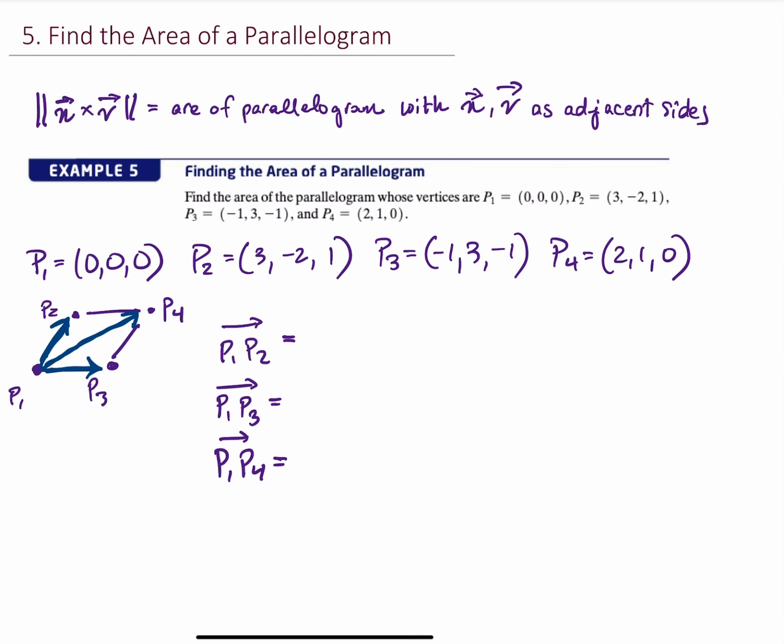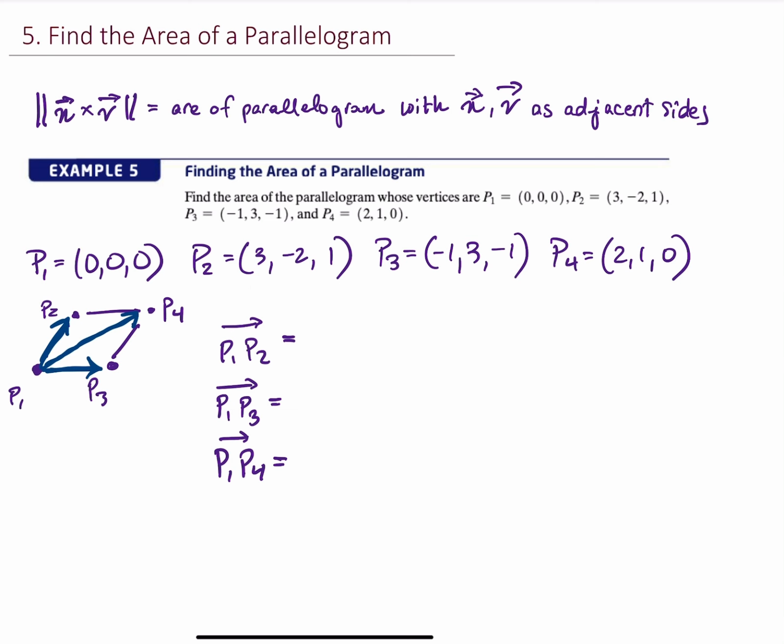And if you remember, to find the vector going between 2 points, we would just take the difference of their corresponding components. So for each of these, since our first point, I'm sorry, is at the origin, 0, 0, 0, when we do the subtraction, we'll basically just get the second components.